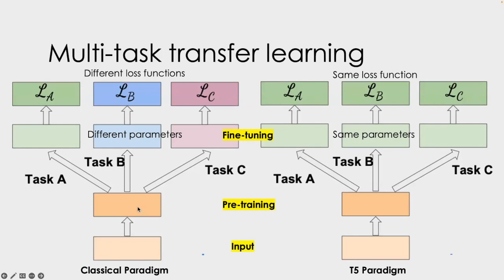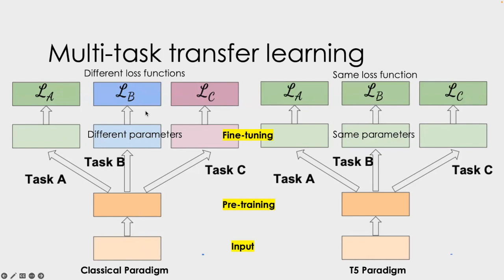That's the pre-training stage. Then the fine-tuning stage adapts the pre-trained model to different tasks. In the classical paradigm, for different tasks you have different models, with different parameters optimized toward different loss functions depending on the task.